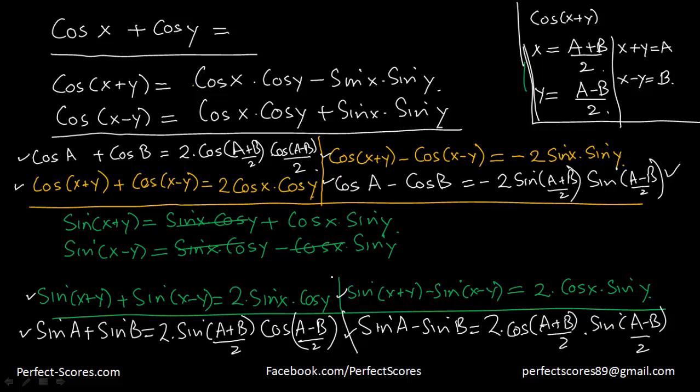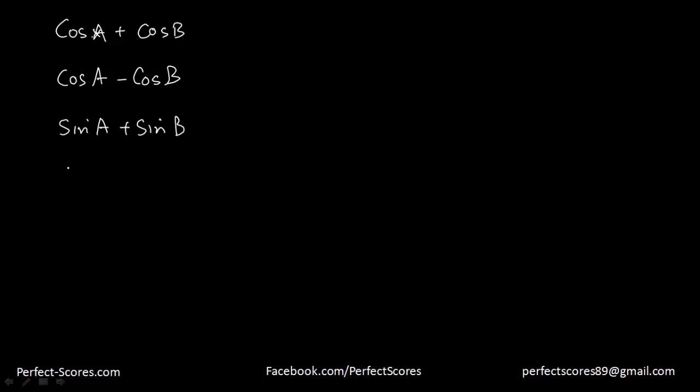Right? So I suppose you're understanding what I've done here. A lot of manipulation, but at the end of the day, you actually found out how these results come out. So from here, if I want to write down all these expressions that we've just done, that is the value of cosine of a plus cosine of b, and we found out cosine of a minus cosine of b. Then we found out sine of a plus sine of b, and sine of a minus sine of b.